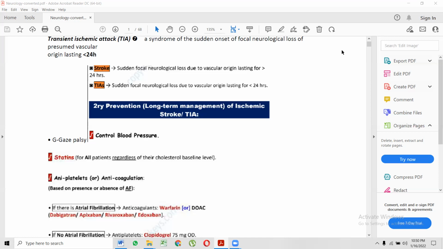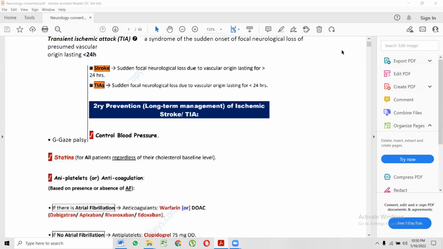So if someone presents to you with a stroke due to atrial fibrillation, then the management or long-term medication will be different. A patient with stroke and without atrial fibrillation, the long-term medication is statins plus clopidogrel. A patient with stroke plus atrial fibrillation, how will it be different?